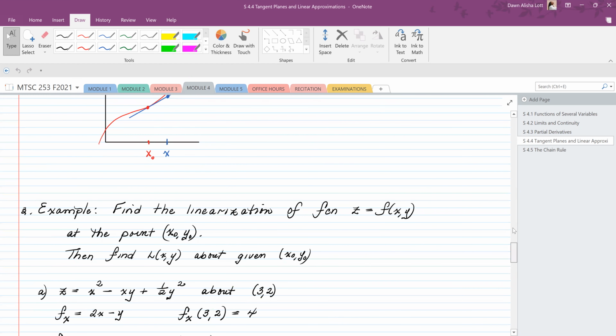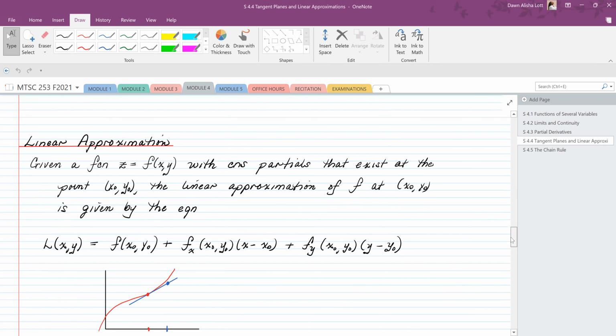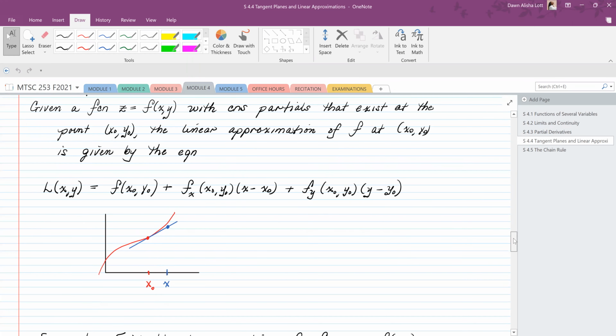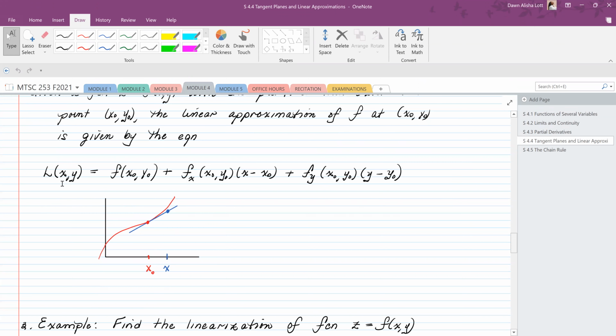When we did linearization, notice this piece right here, f sub x at x naught, y naught times x minus x naught, plus f sub y at x naught, y naught times y minus y naught, is the differential. It is the amount by which the linearized approximation differs from the true value.